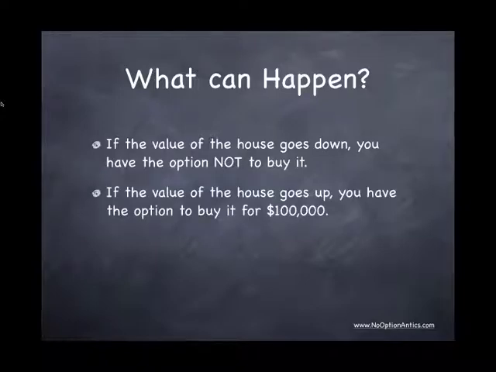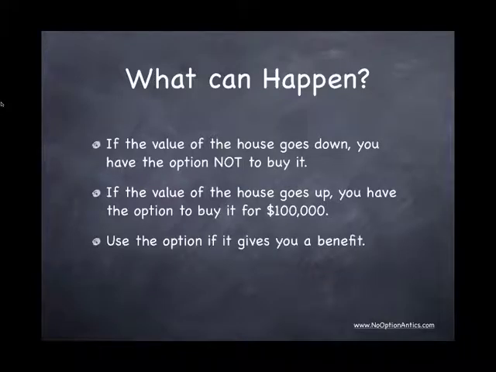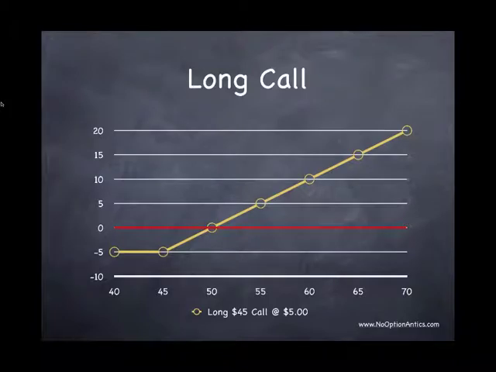If the house goes up in value, you have the option to buy it for $100,000, no matter how high it goes. If it goes to $200,000, $300,000, $400,000, your option gives you the right or the contract to buy that home for the $100,000. You can use the option only if it gives you a benefit. There would be no other reason to use it.